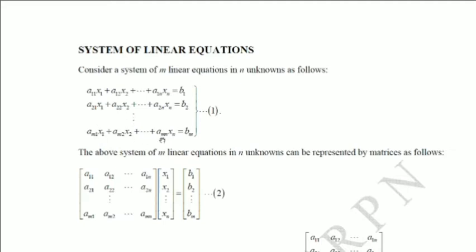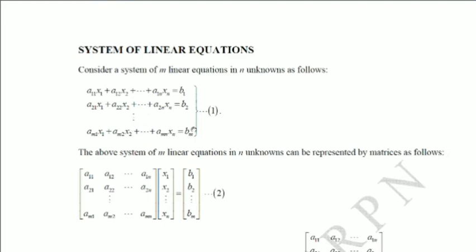And here the unknowns are x1, x2, etc., xn. There are n unknowns, and m linear equations because all the unknowns are of degree 1. So it's a linear equation and each linear equation has n unknowns. And we have considered in total m linear equations.